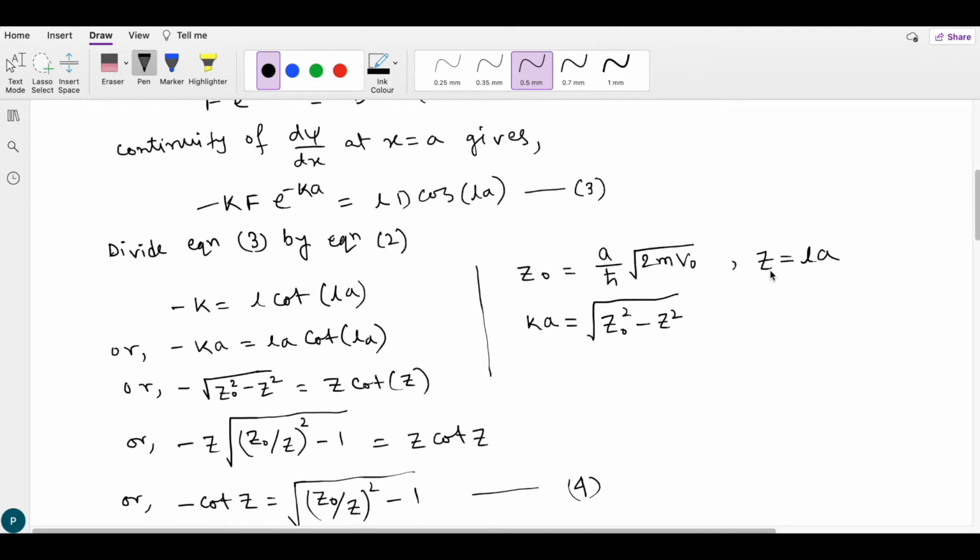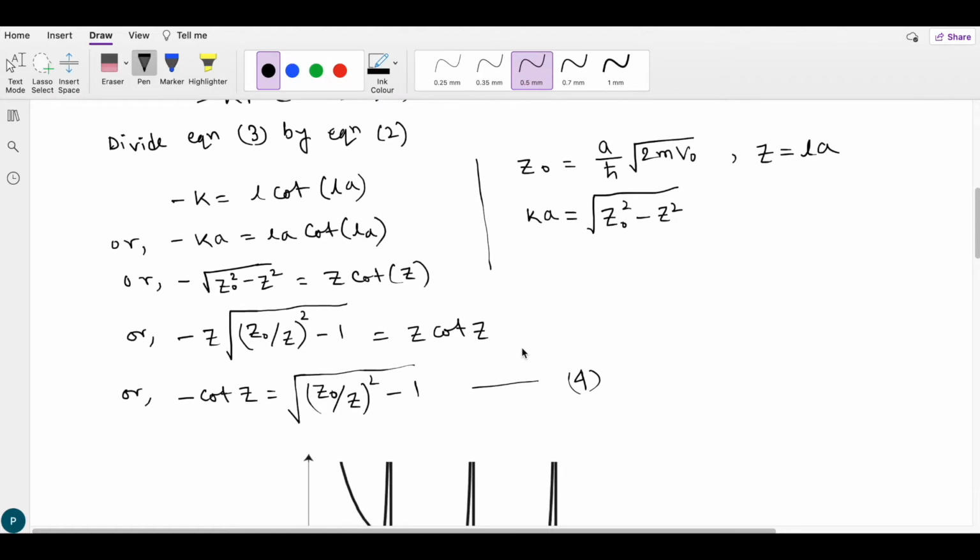Here z is a parameter, and we have already derived that ka is given by root over z naught square minus z square. We have used these values in this equation, and we have written ka as root over z naught square minus z square equals z cot z, where we have written la equals z.